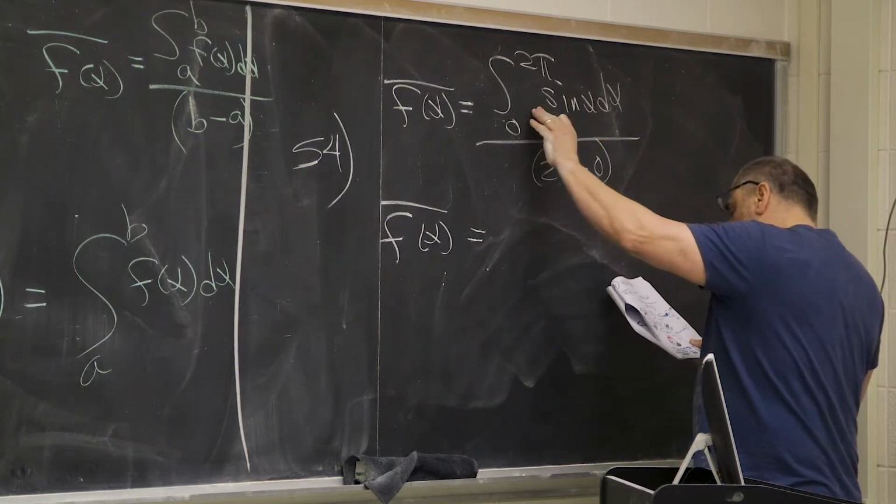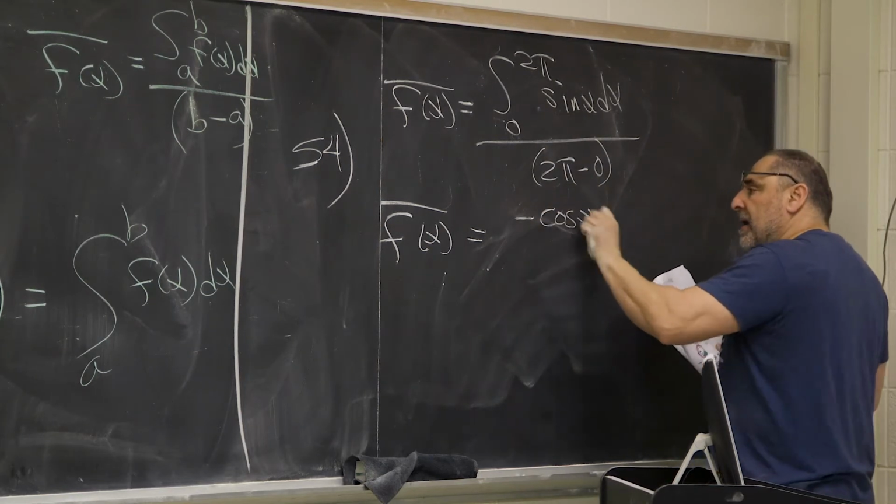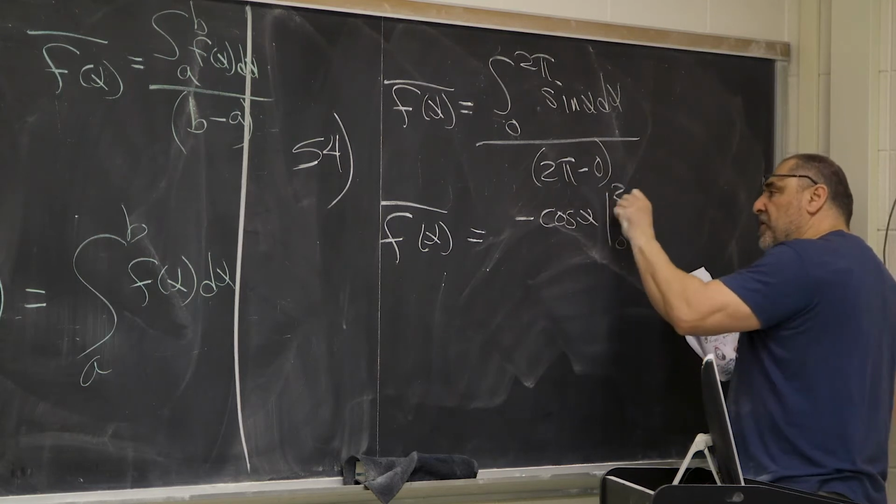You integrate the sine function, you get negative cosine function, from 0 to 2 pi.